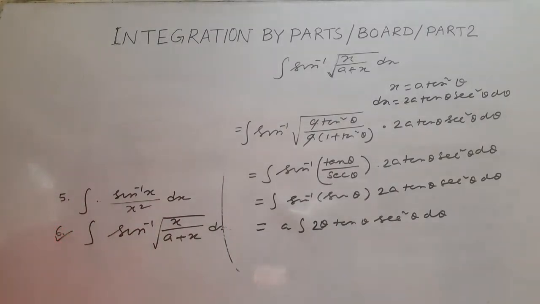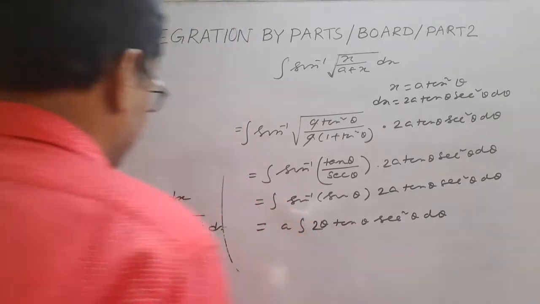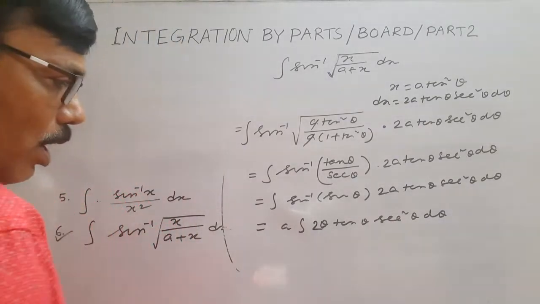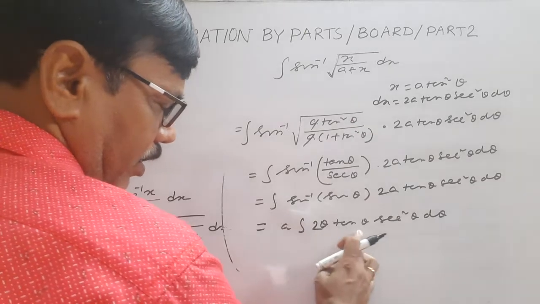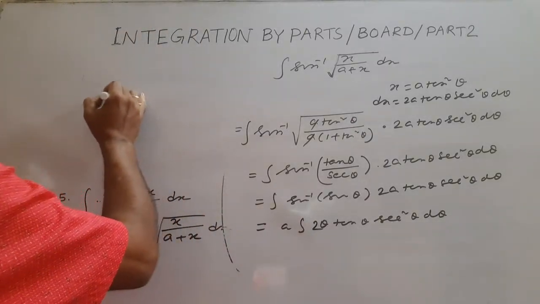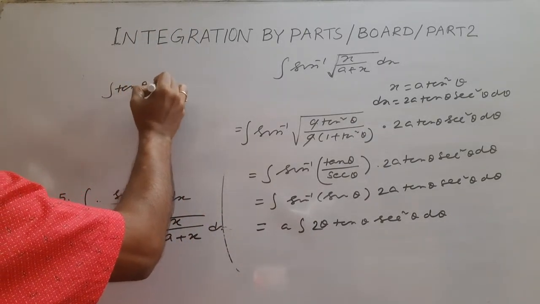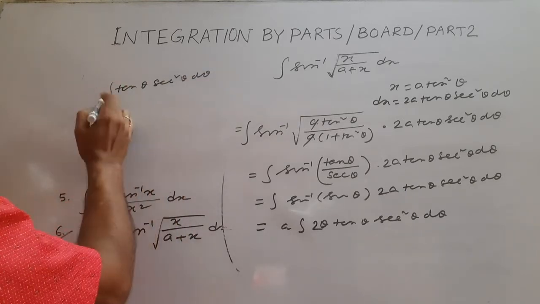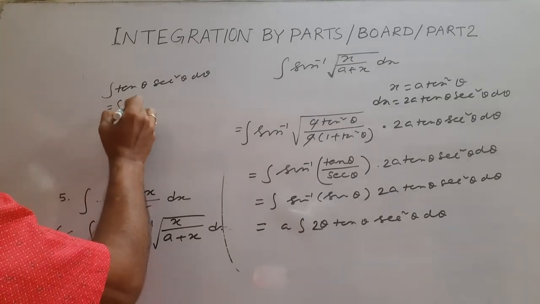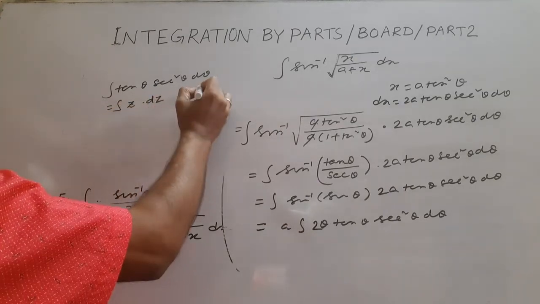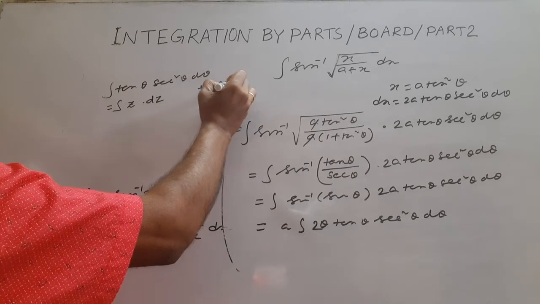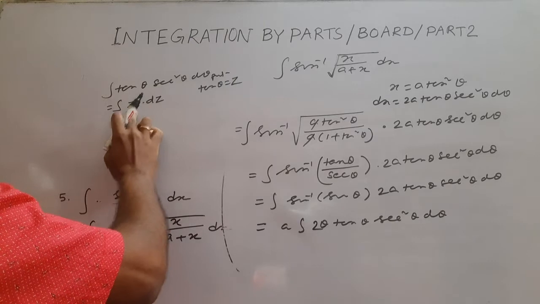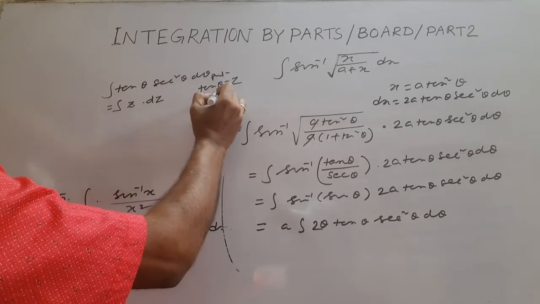Now you have to integrate it by parts. So look, 2 theta tan theta sec square theta. So tan theta sec square theta dθ, this is an integrable function. If we put tan theta equals z, then z sec square theta dθ is dz.